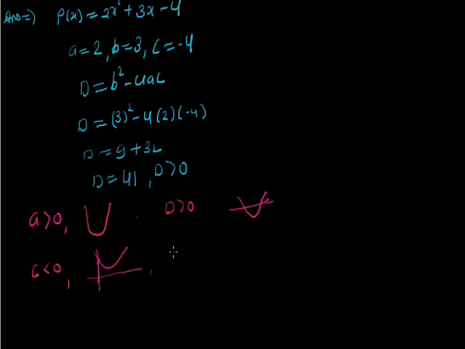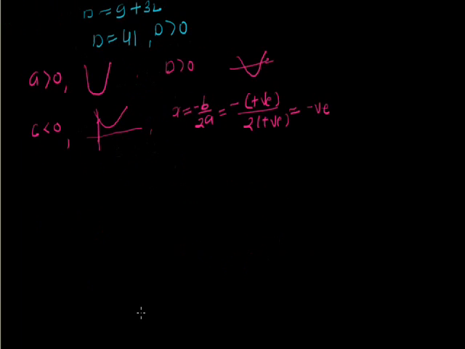And finally we look at the sign of the x coordinate of the vertex. X is equal to minus b divided by 2a. Here minus b is negative and 2a is positive, so overall the x coordinate becomes negative, which means the vertex will lie on the negative side of the origin, or the left-hand side of the origin. Now finally, how can we plot the graph of this quadratic polynomial roughly?